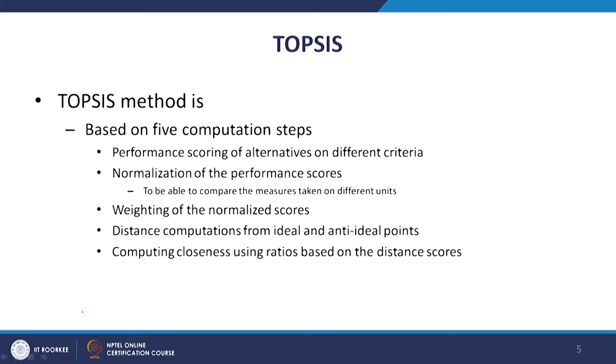Then the next step is normalization of the performance scores. These scores might have been measured on different criteria, which might be in different types of units, so the ranges of those scales could be very different.